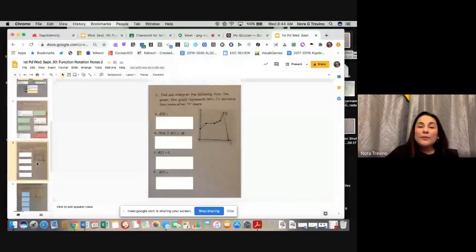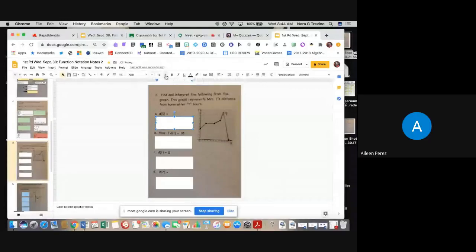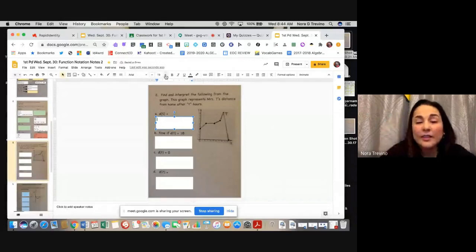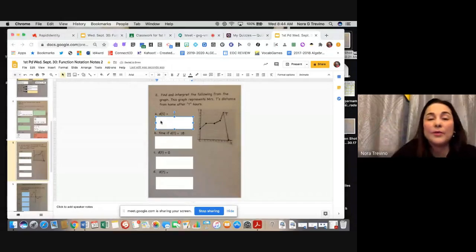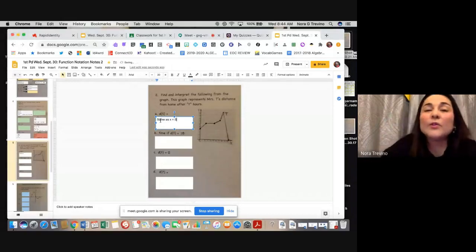If I say d of 5, that just means that the function is called d and that the input, which is what letter again? The x. Very good. x equals 5. Let's put right here, same as x equals 5. So if this is the same as x equals 5, guess what it's telling me to do?